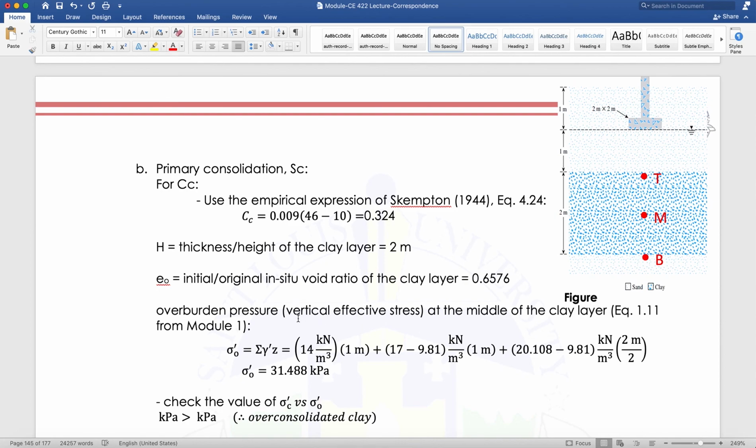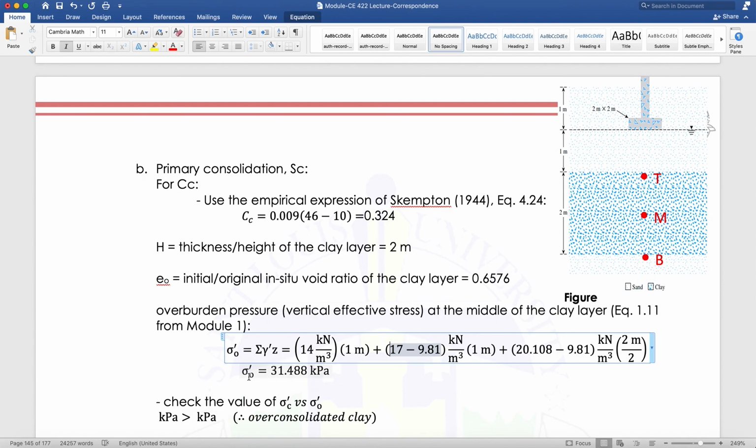Now for the overburden pressure, it is the unit weight of the soils, and it is the effective. So it is the summation of the effective unit weight times the z. So we have here 14 for the dry times 1 meter plus we have 17 for the saturated clay minus 9.81 because we need the effective times a thickness of 1 meter plus we have here the unit weight of the saturated clay, which is 20.108 minus the unit weight of water times 2 divided by 2 because it should be at the center.